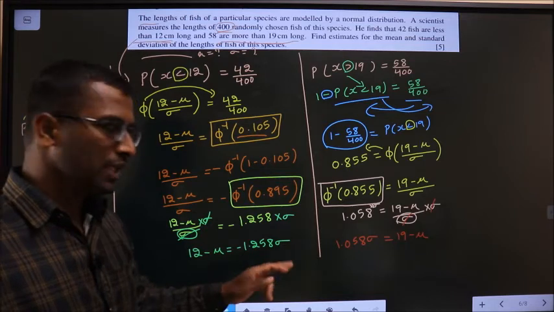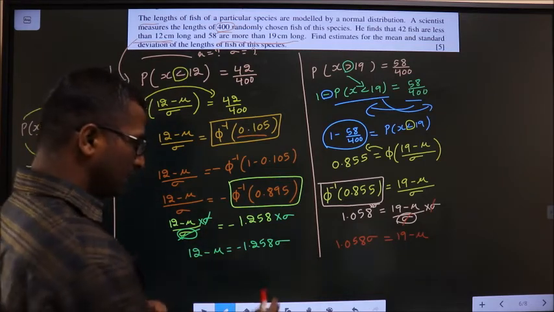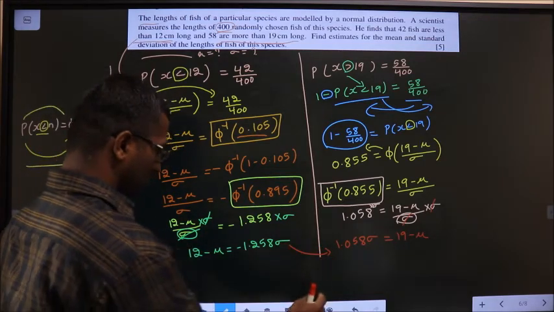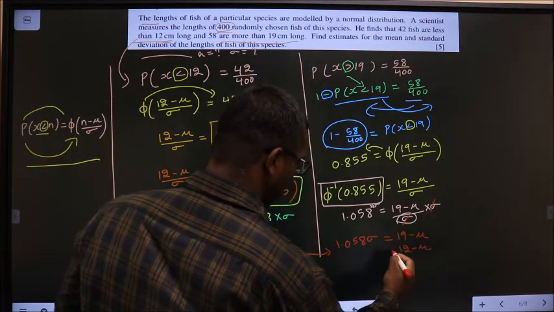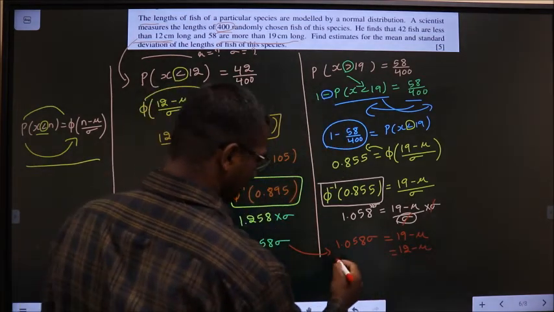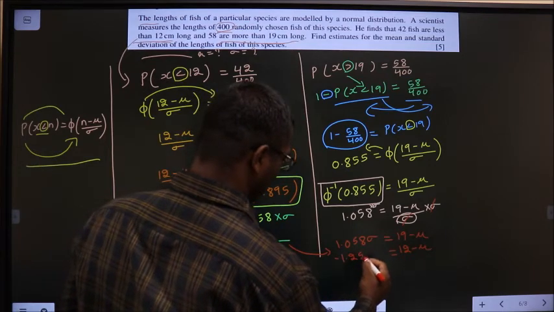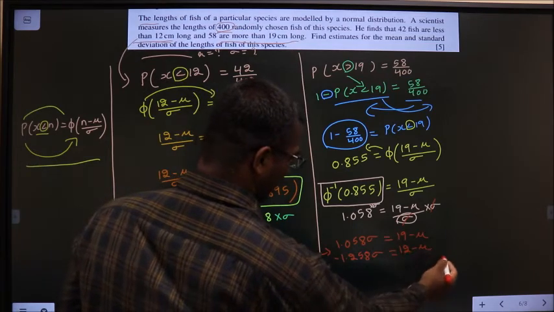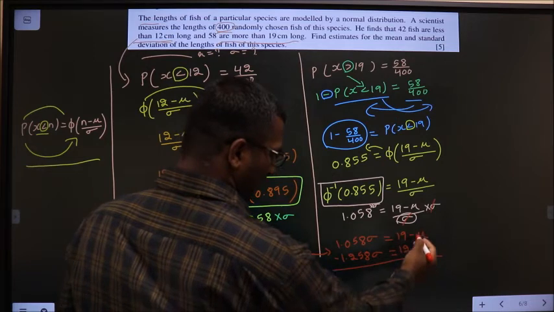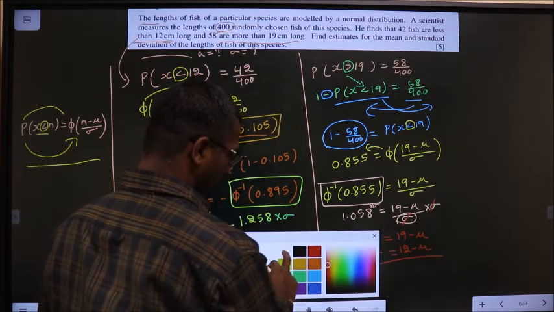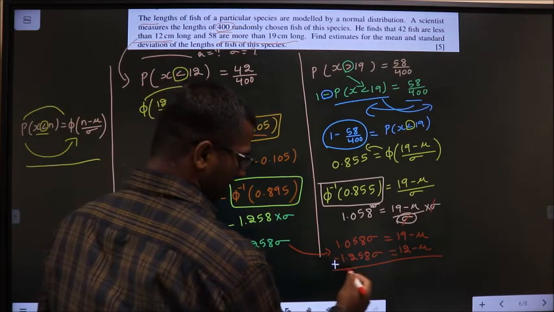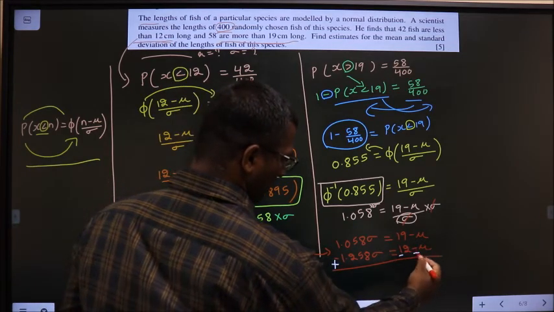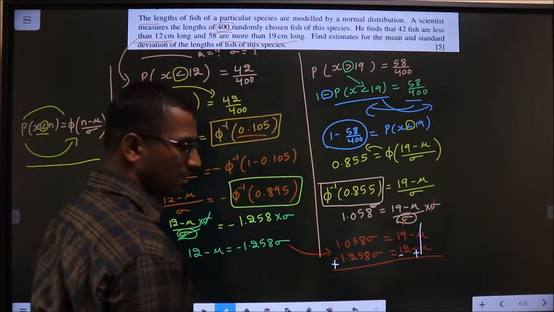Now we got two equations. So I will write this one over here. So here it is 12 minus mu equal to minus 1.258 standard deviation. Now, to cancel out the mean, I have to change the sign. So let us change positive, negative, positive. Only then this will get cancelled.